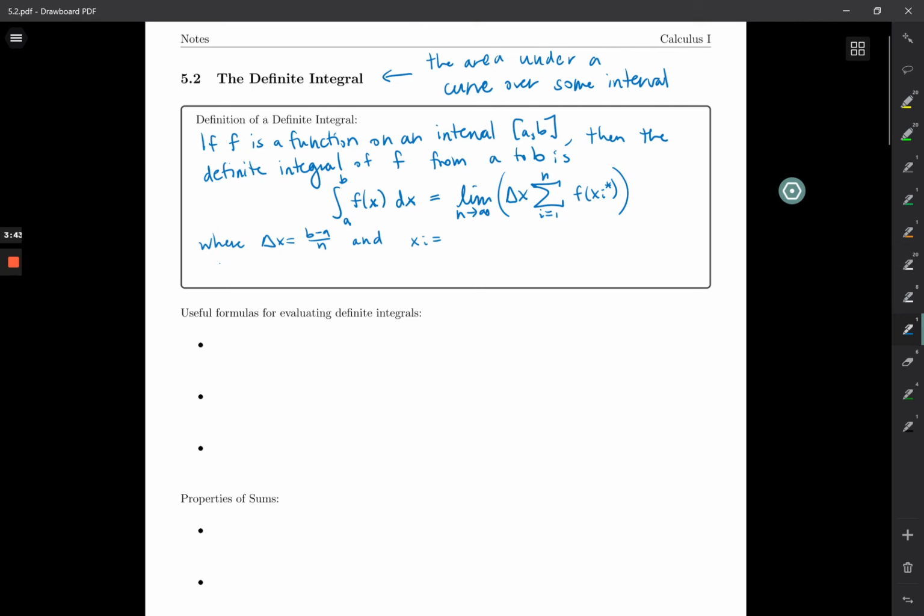So we did this before, but we start at a, that's x_0, and then we jump by delta x to get to x_1, and we keep jumping along, and when we get to x_i, that is going to be a plus i jumps, so i times delta x. And so that's where we get this formula for the value of x_i. And remember that x_i star was a sample point chosen from the ith interval.